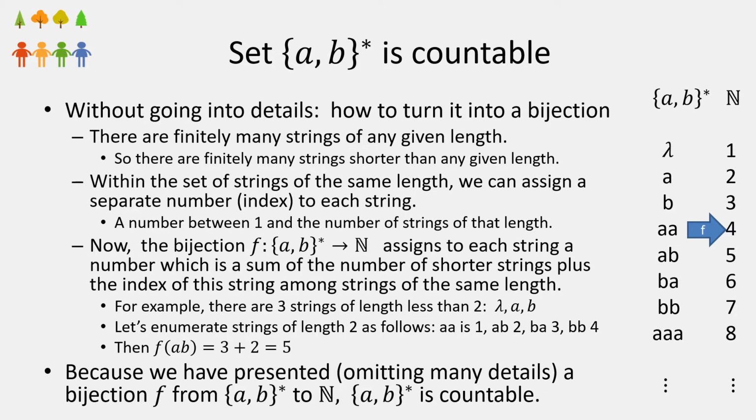The second part of the sum will be the actual index of this string among the strings of the same length. So if we order them as AA being first string of length 2, AB being second, BA third, and BB fourth, then the string AB will be second, and overall our bijection will give the string AB the number 5.